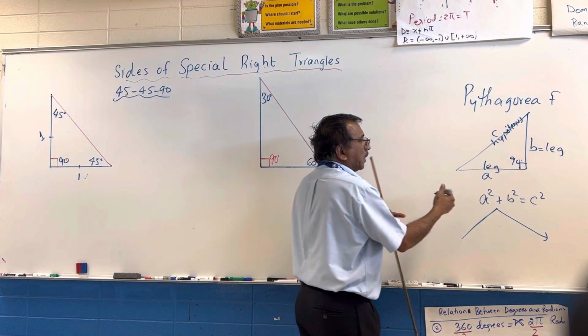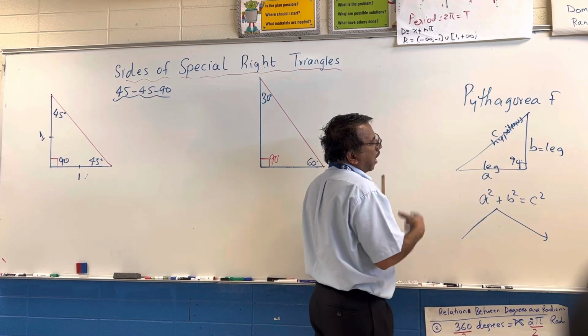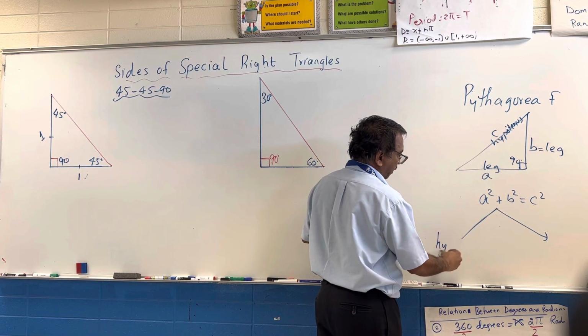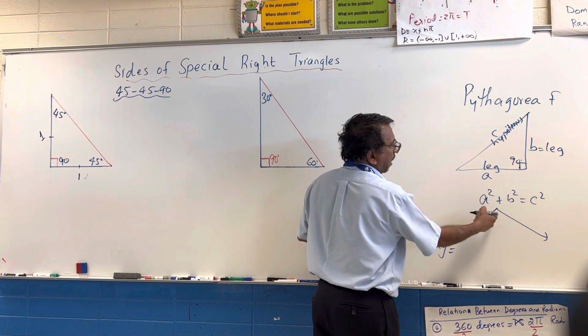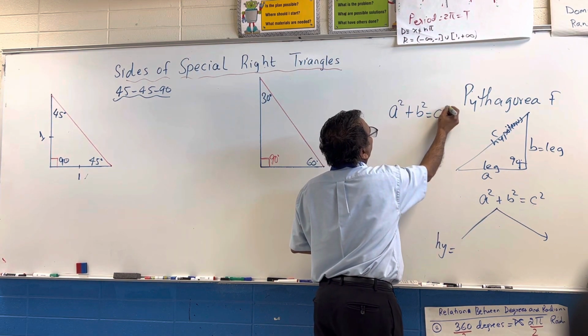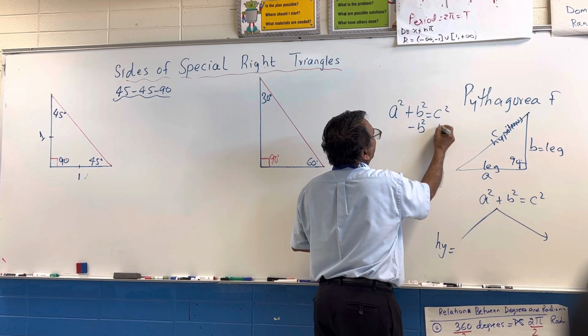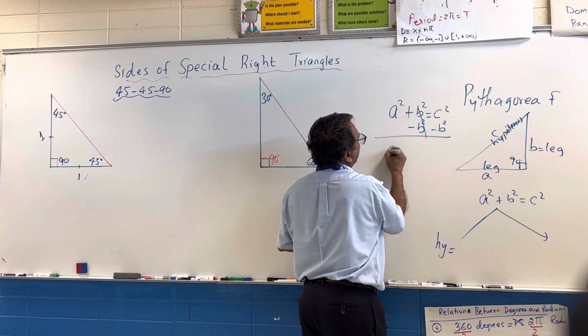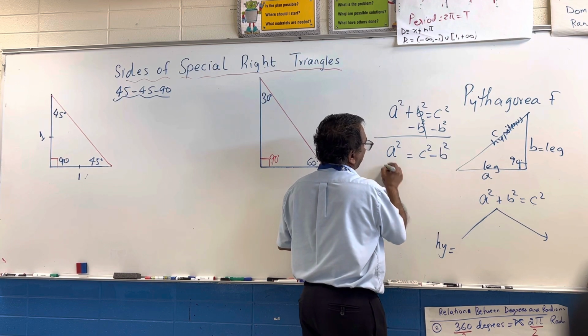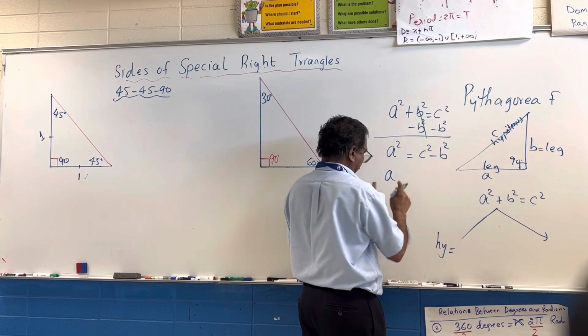In higher classes, we need to know this directly. If I want to know the hypotenuse, a squared plus b squared is c squared. If I subtract b squared from both sides, this goes away, and then you take the square root of both sides.